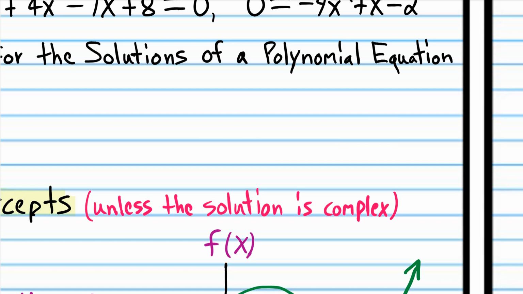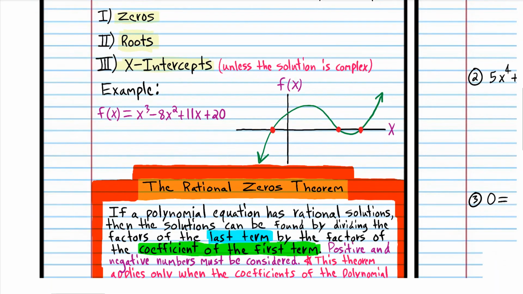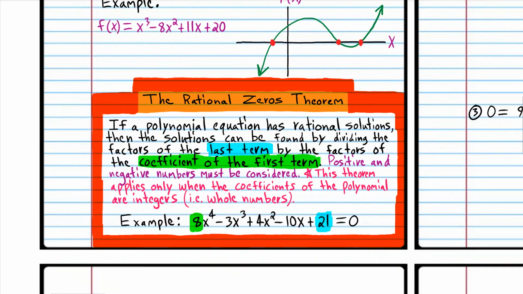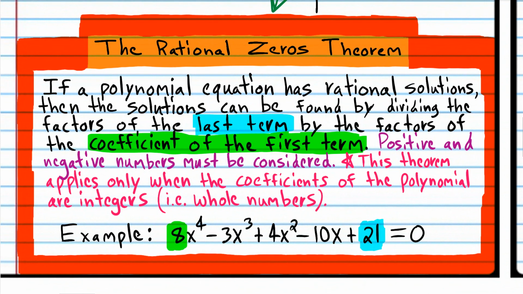And when it comes to formulas for degree 5 and above polynomial equations, those formulas are too difficult to find, and some would even say impossible. So instead of using formulas, we're going to use something called the Rational Zeros Theorem.